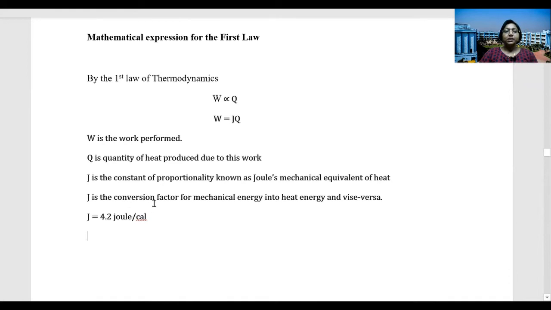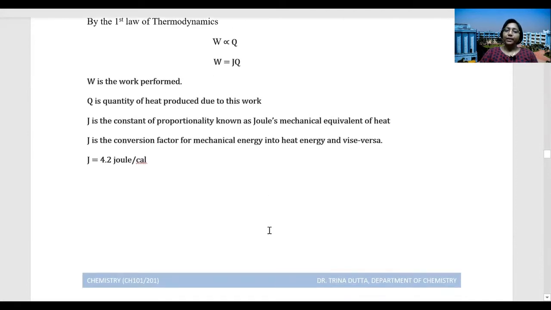J is the conversion factor for mechanical energy into heat energy and vice versa. If the unit of work done W is in Joule, and the heat energy is in calorie, then J will be equal to Joule per calorie, that is 4.2 Joule per calorie.